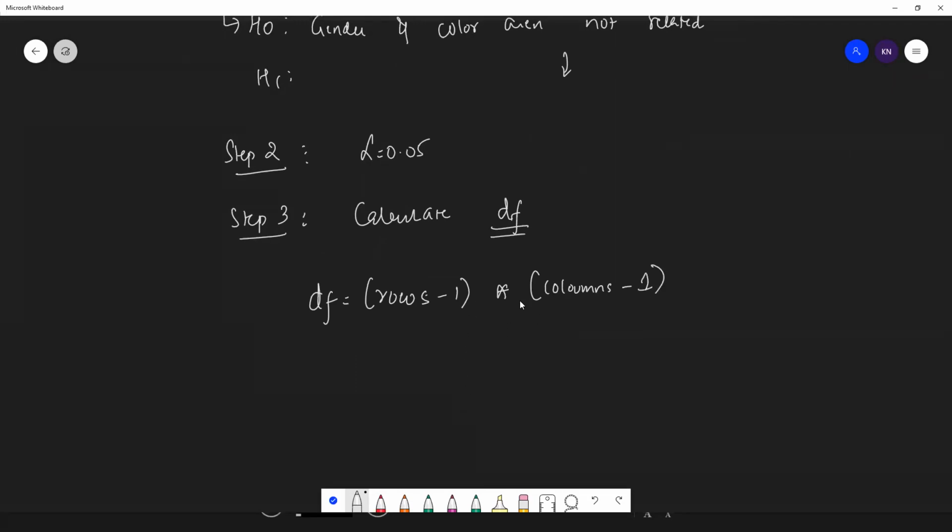Rows is basically saying boys and girls, right? So we need to see how many degrees of freedom there are. This will be 2 minus 1 multiplied by 3 minus 1. So obviously it is going to be 2.